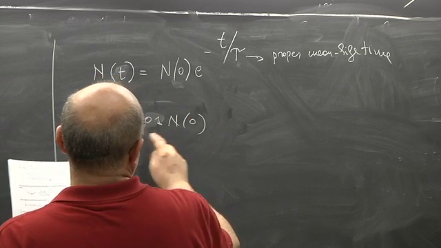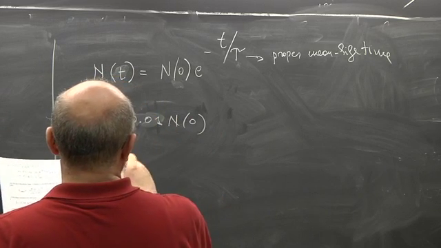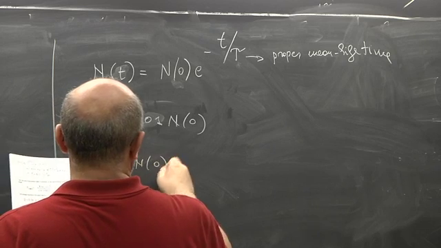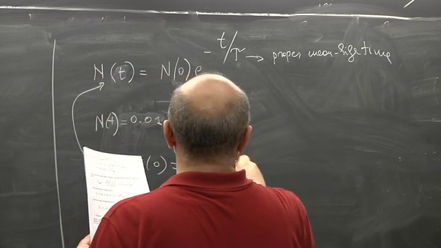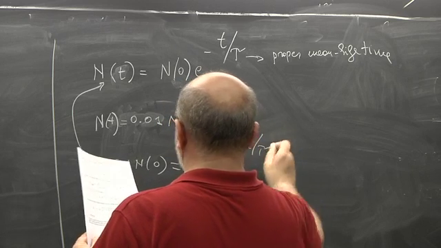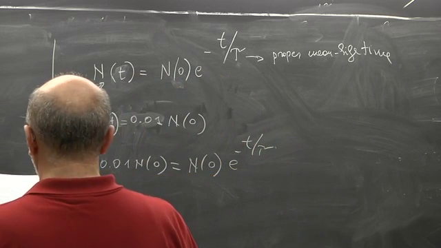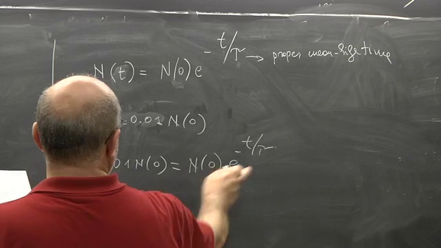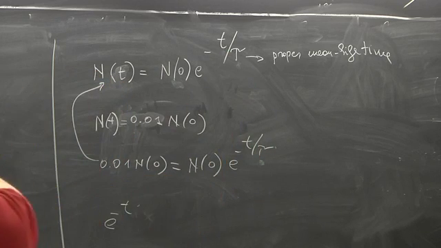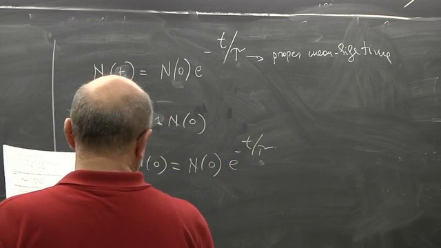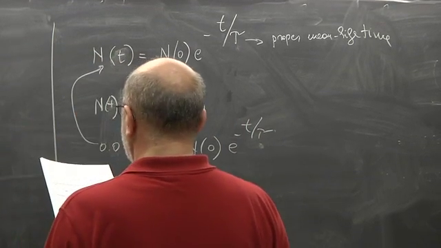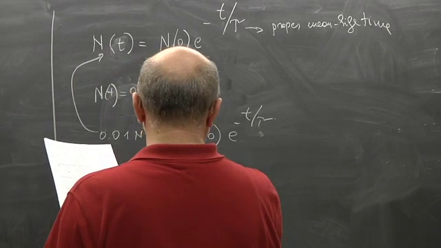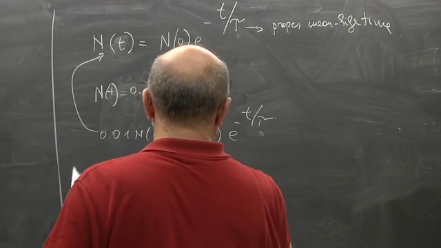So we put in 0.01 N0 equal to N0 exponential of minus t over tau, and then we get e to the minus t over tau, where tau is given, 2 times 10 to the minus 6, equal to 0.01.